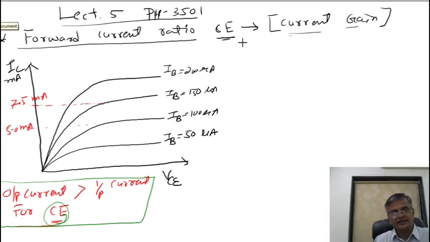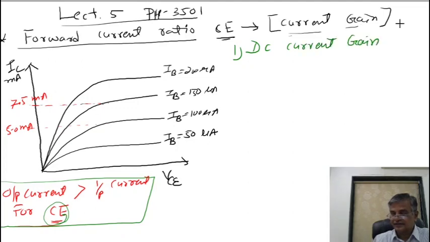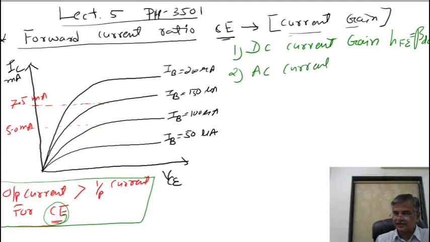Two types of current gain are defined for the common emitter. DC current gain, that we write as HFE, or you can write beta DC. The second is AC current gain, written as hfe in small letters, or you can write beta AC.